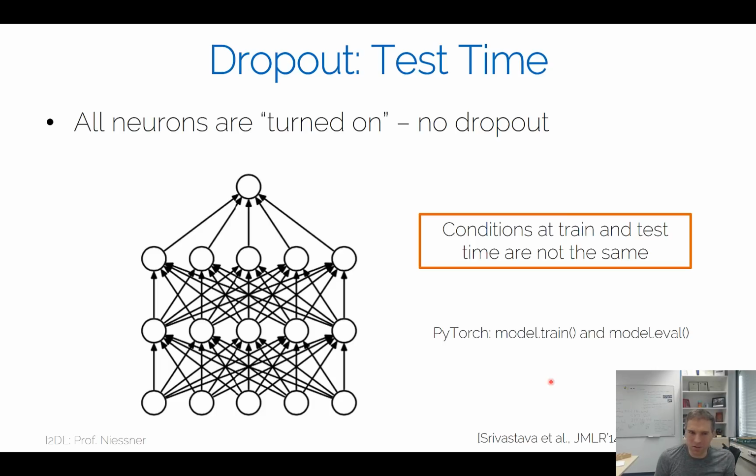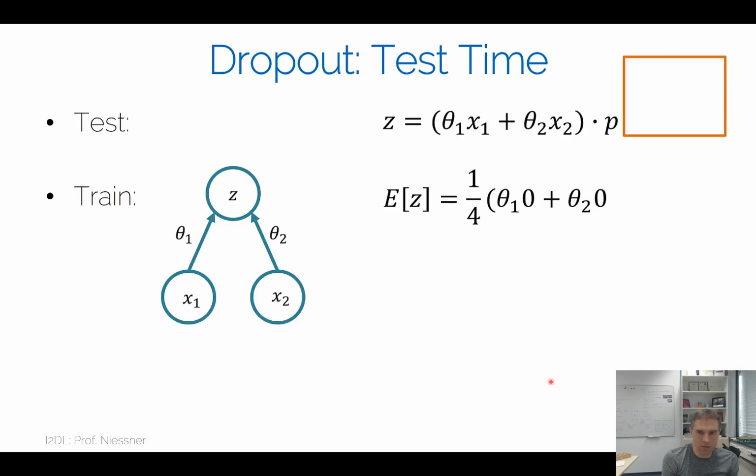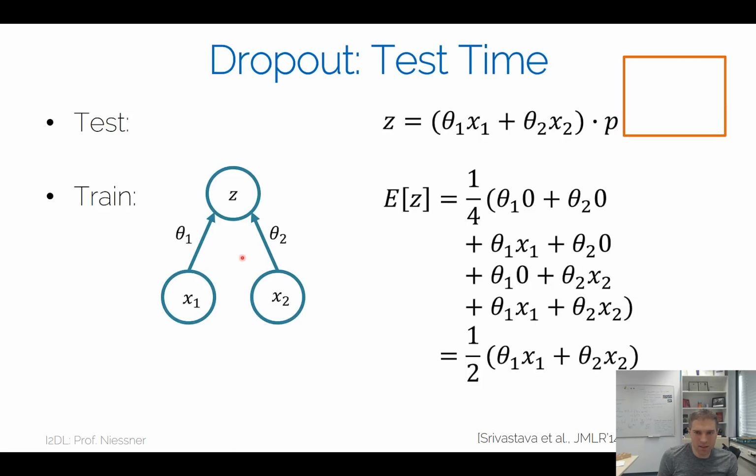Now we still have to know what's going on under the hood when we do eval mode. If you're running dropout, what that means is at test time, as I said, the expected value is going to change, right? So we have here our two inputs and two weights. And what happens is if we just run the expected value through that, we will see that there's a factor of 2 coming. This factor of 2 is based on the dropout rate.